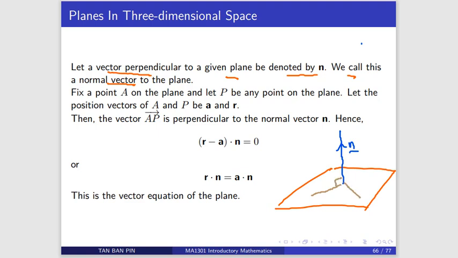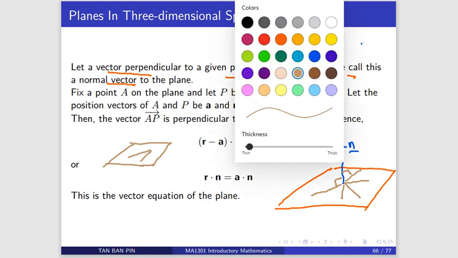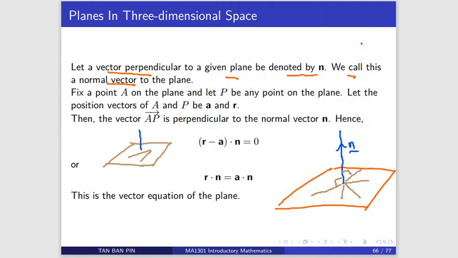No matter how you draw, the vectors on the plane need not be at right angle to each other, but you will find that no matter how you draw your line, the normal vector is always at right angle to the line on the plane. So the normal vector is always at right angle to all the lines which you can draw on the plane.